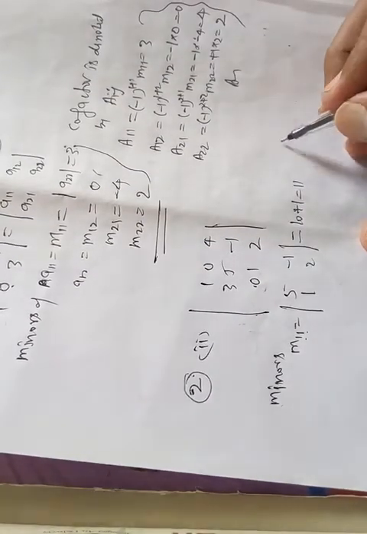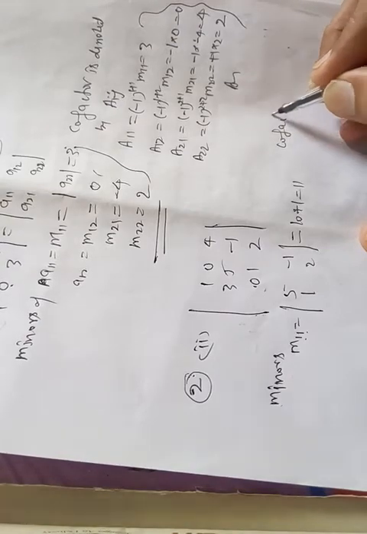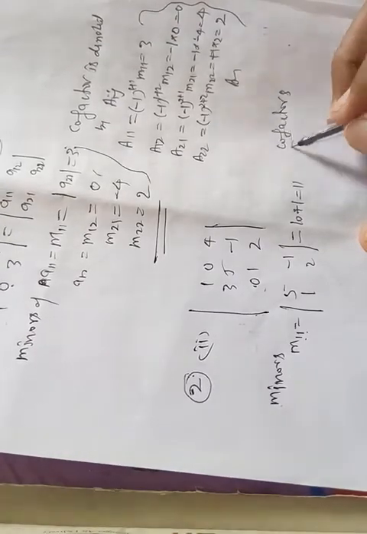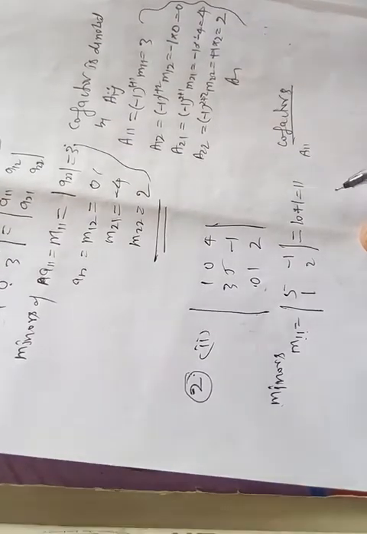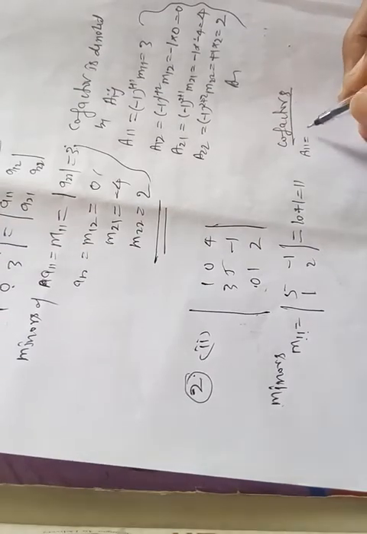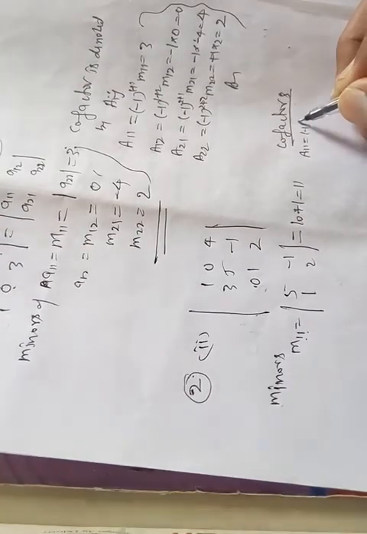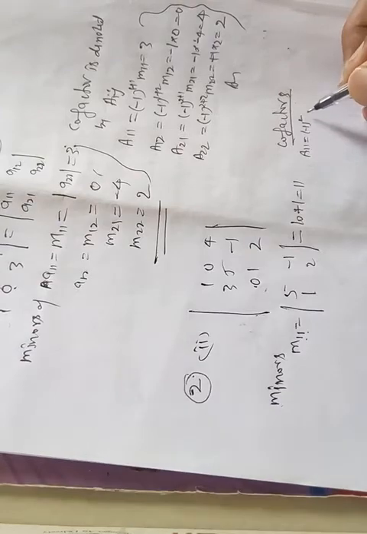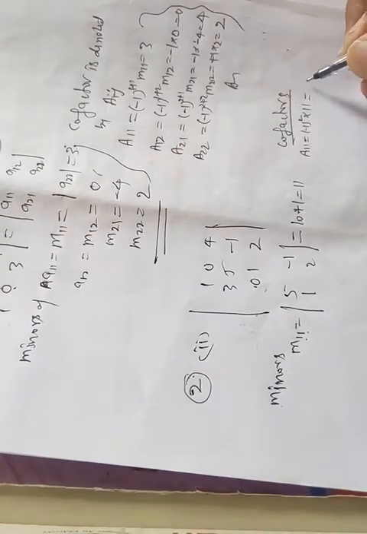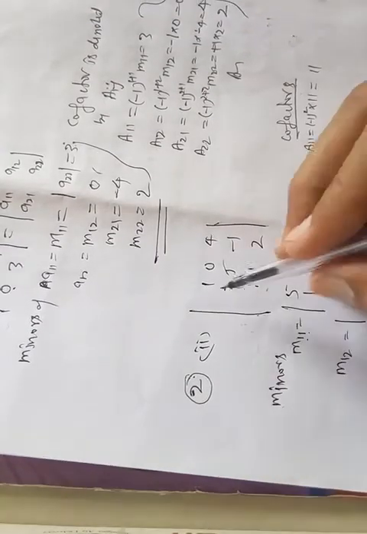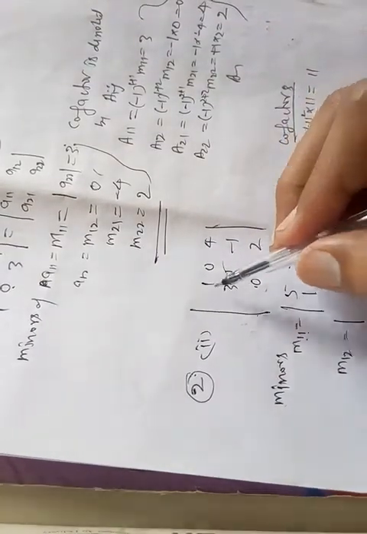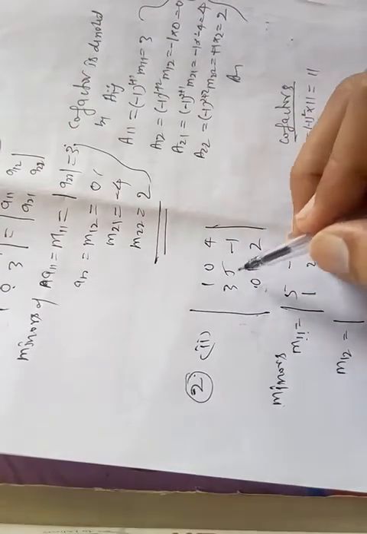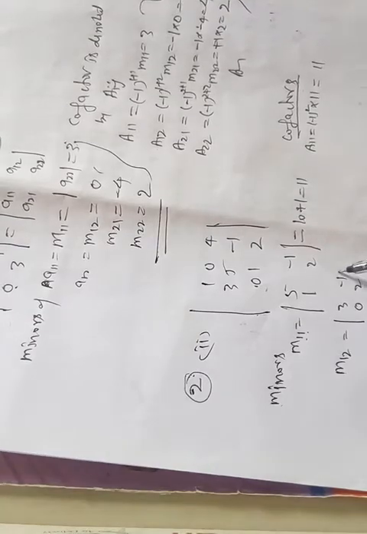Here the cofactor A11 is minus 1 raised to 2 into 11, equal to 11. Right? M12: first row, second column cancelled, leaving 3, minus 1, 0, 2.